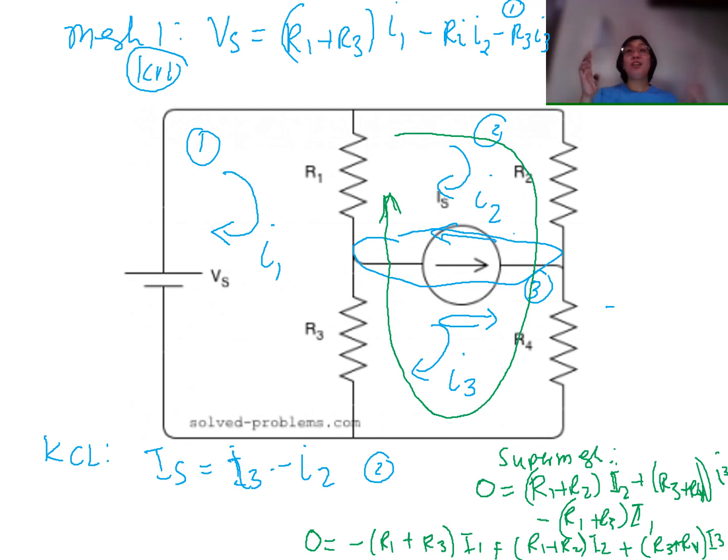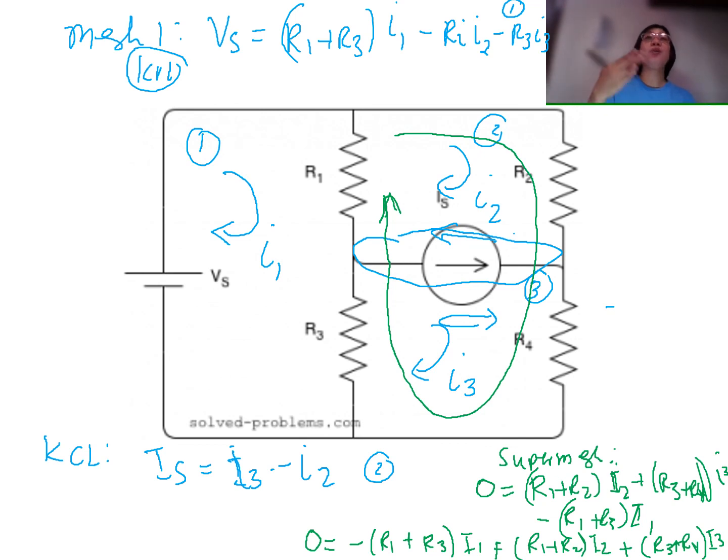Unlike the other examples that we have, if you have a super mesh, instead of having 3 KVLs, you will have one normal mesh, in this case mesh number 1, then one KCL between the 2 meshes wherein your current source is located, and finally a super mesh.